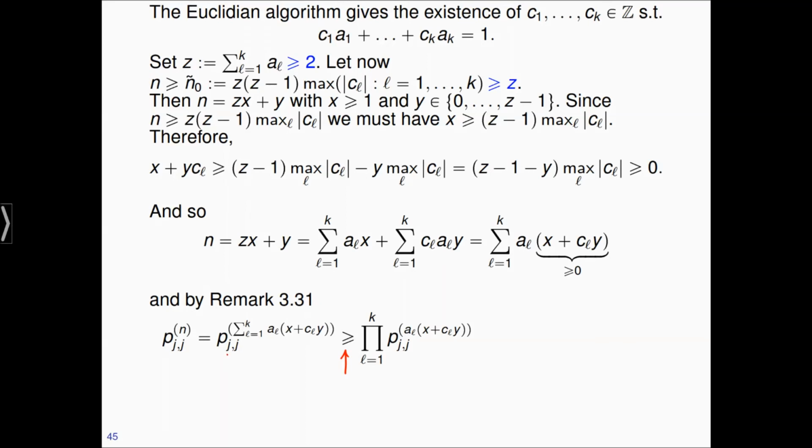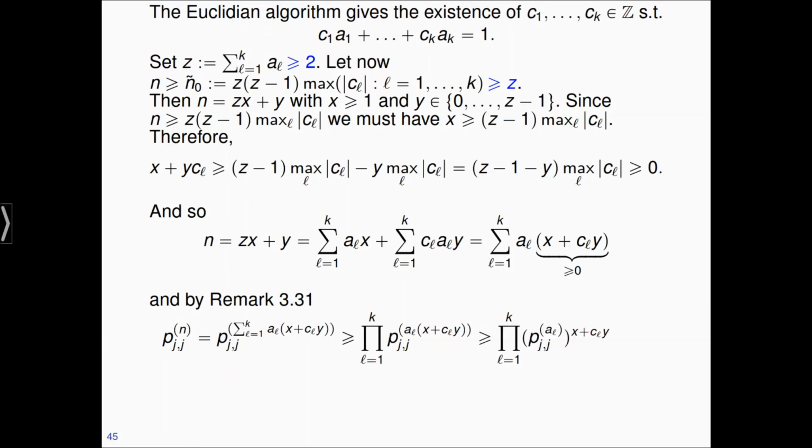So I want to go from j to j in that many steps here. And I can do this by going from j to j, first of all, in a1 times x plus c1 times y many steps. And then again from j to j in a2 times x plus c2 times y many steps, and so on.